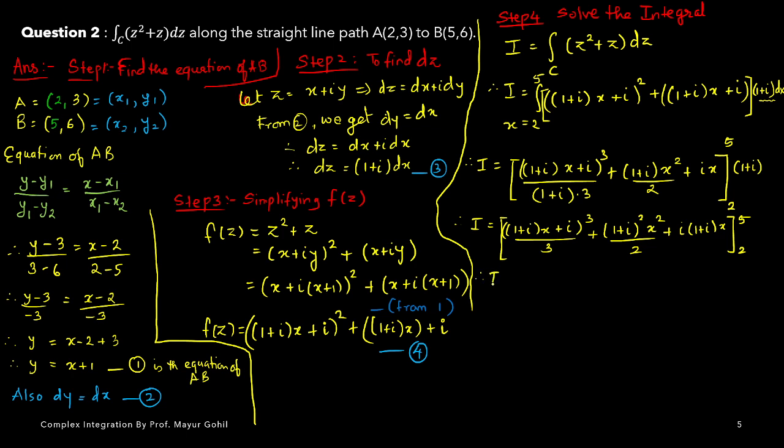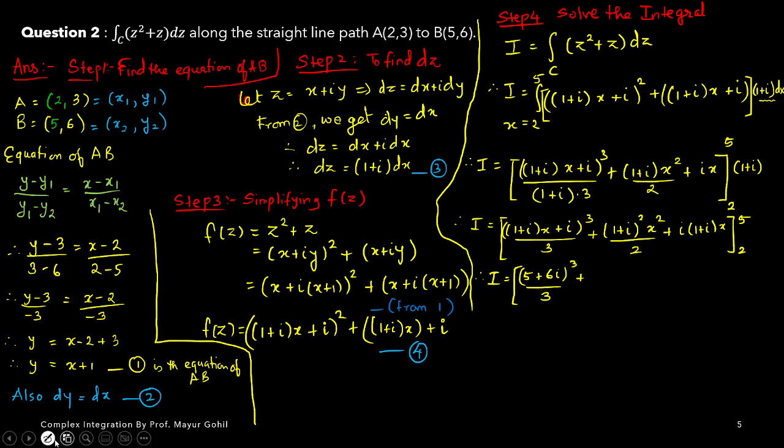So we get I is equal to, over here, 5 plus 5I plus I, that is 6I the whole cube over 3. Then let us see what is the expansion of 1 plus I square.